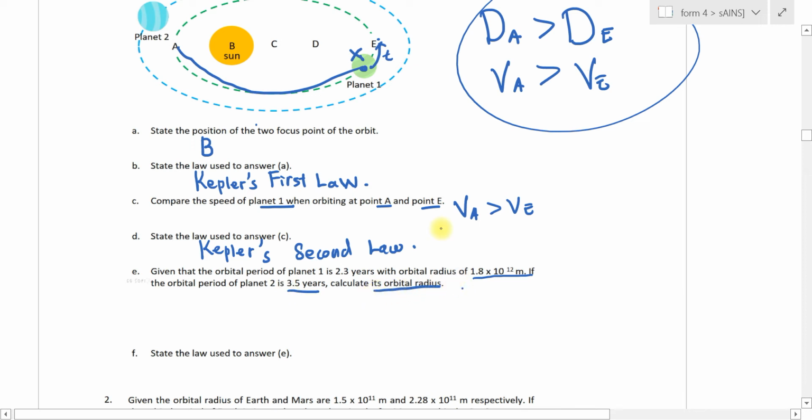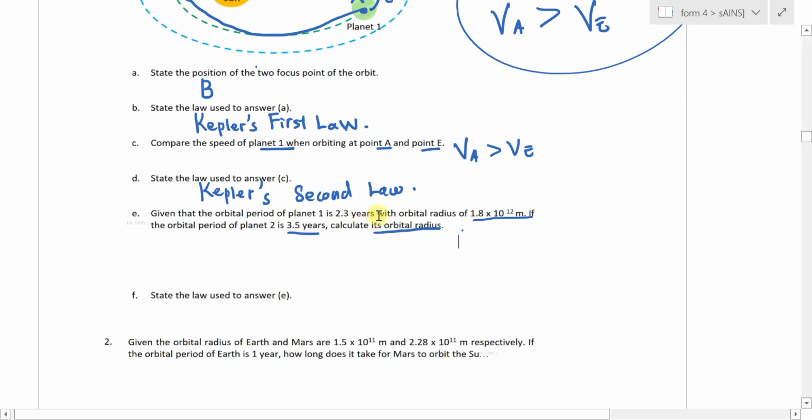Biasa period dia kena ada dalam bentuk second lah. But this is going to cancel each other. So, it's okay if you want to maintain in years, it doesn't matter, because somehow you want to cut both things. Okay, like this lah. You use this formula.